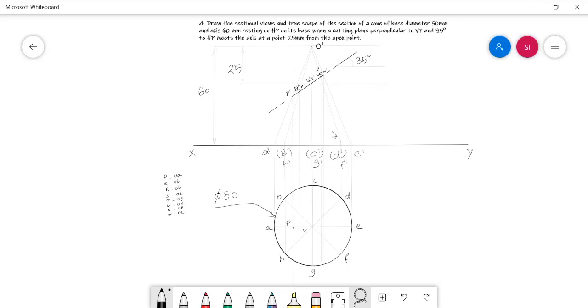Similarly, we have to mark the points Q and R. Q should be marked in OB and R should be marked in OH.